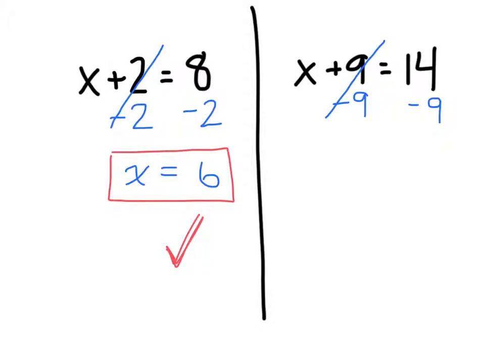On the right side we have 14 minus 9, which is equal to 5. So bring everything else down from the left side. We have x is equal to 5.